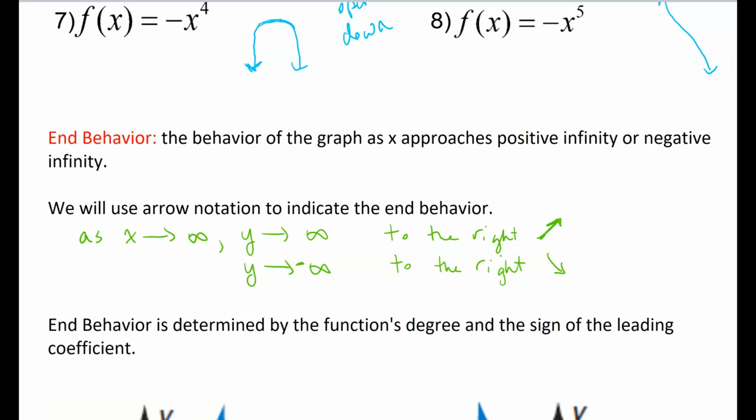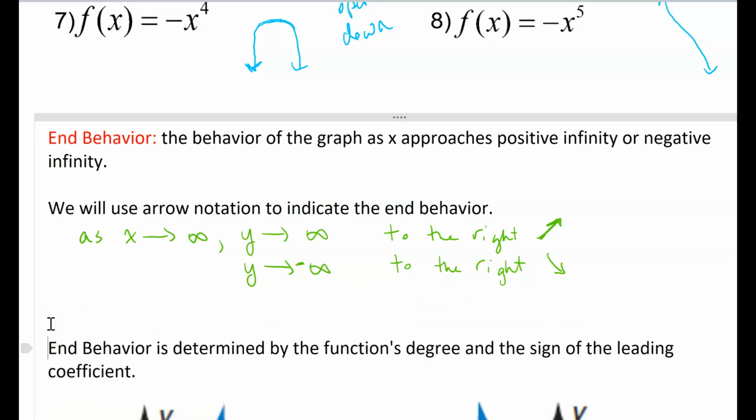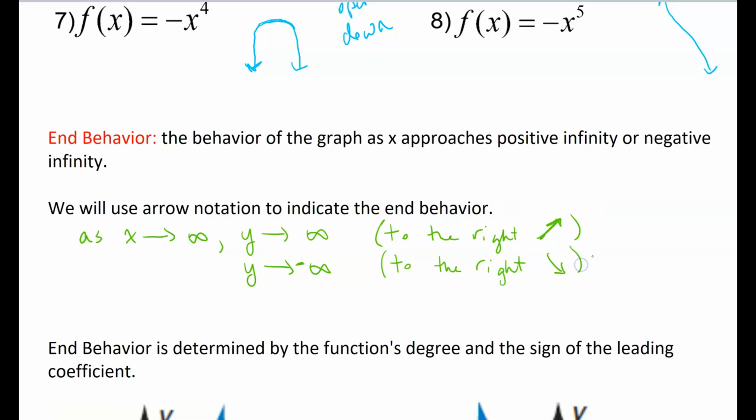What's happening when we go to the right? Would we draw that arrow at the end? No, no. I'll put these in parentheses because that's not something you have to write. So that's addressing the behavior when we go to the right.